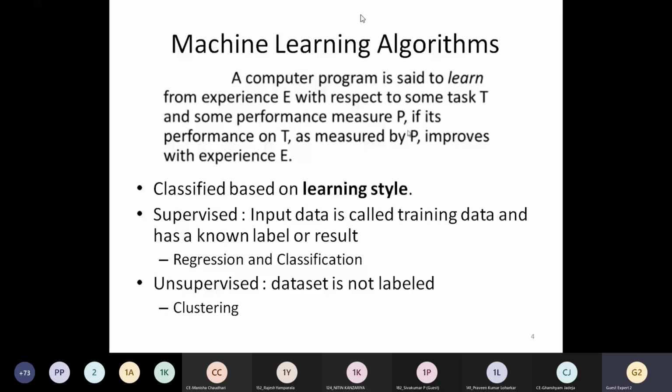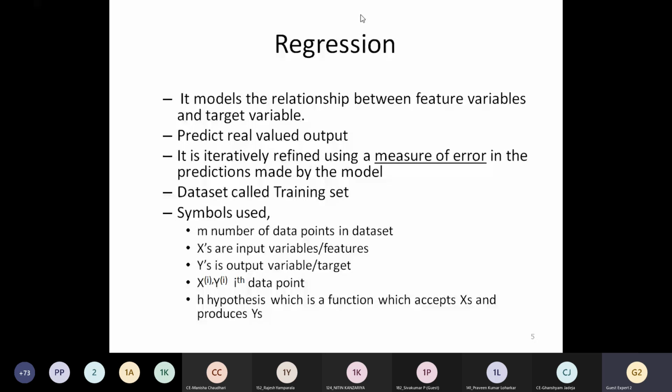Now in today's session, as I have told you, we will discuss regression. So what does a regression algorithm do? It models the relationship between feature variables and the target variable. Feature variables are also called independent variables, and target variables are also called dependent variables.